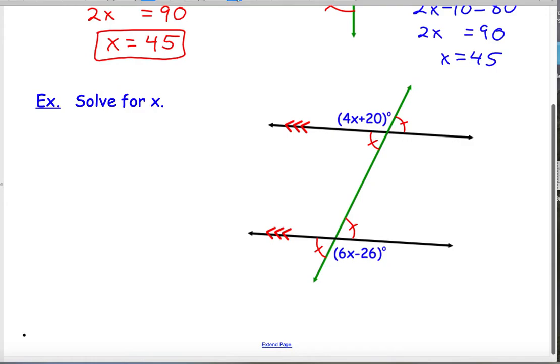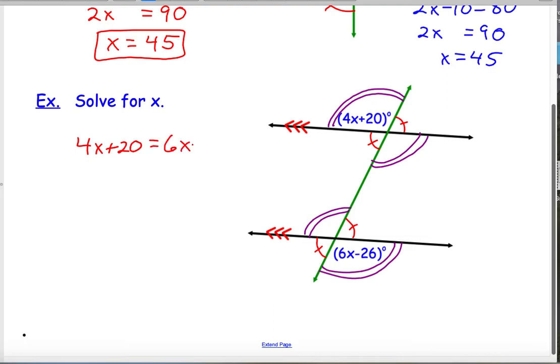So I'll use a big mark here. That means this angle, and this angle, and this angle, and this angle are all equal. So now I'm ready to write my equation. The 4x plus 20 angle should equal the 6x minus 26 angle.